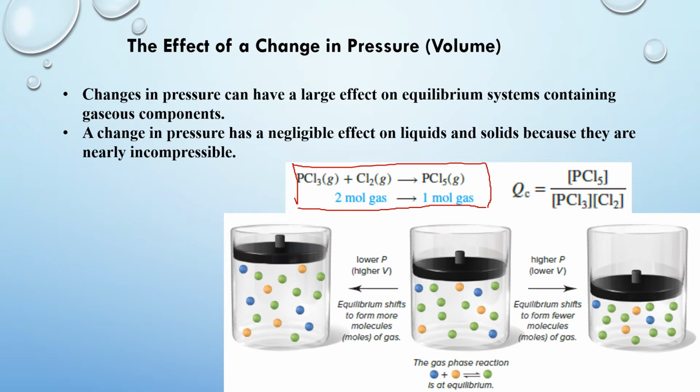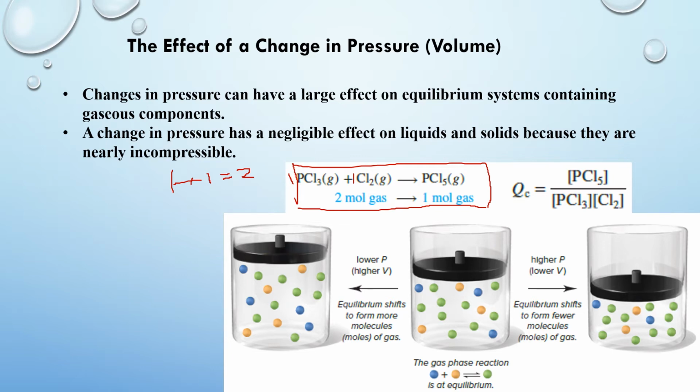Look at the coefficients: we have 1 mole of PCl3 and 1 mole of Cl2, so 1 plus 1 is equal to 2. For the products, we only have 1 mole of PCl5, and this reaction is already balanced, meaning that for every 2 moles of the reactants, we generate 1 mole of the product. So Qc is expressed this way.